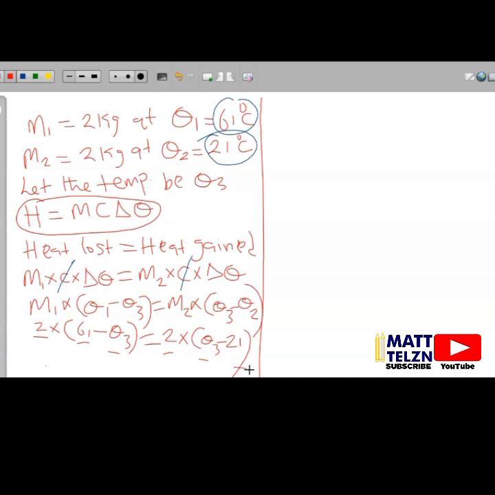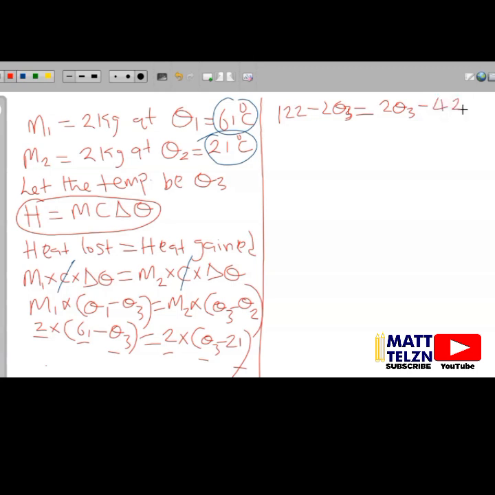So 2 times 61, I'm going to have 122, minus 2 times theta 3, I'm going to have 2 theta 3, okay? Equal to the next thing, 2 times theta 3, I'm going to have 2 theta 3 minus 2 times 21, that will give me 42, okay?